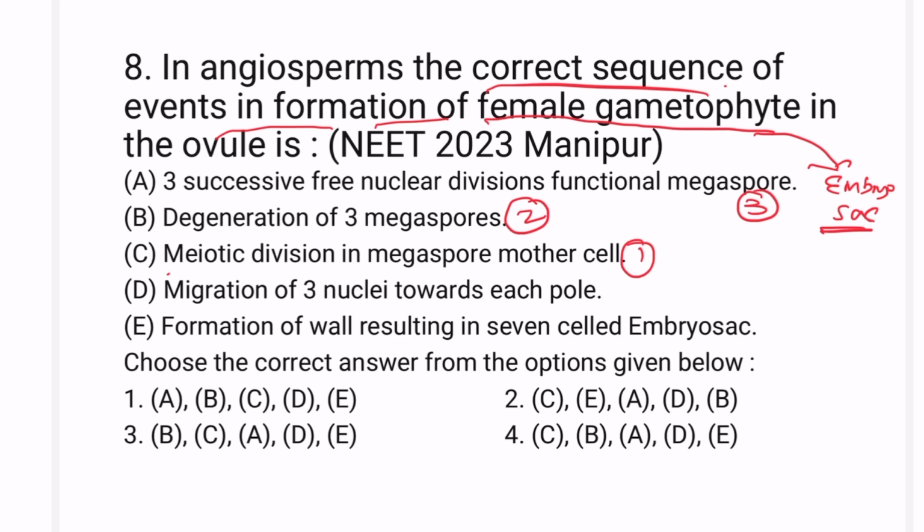And finally, the formation of wall results in the 7-celled embryo sac. This is the fifth step. So the answer is C, B, A, D, E. So the answer is fourth option, C, B, A, D, E. The next question.